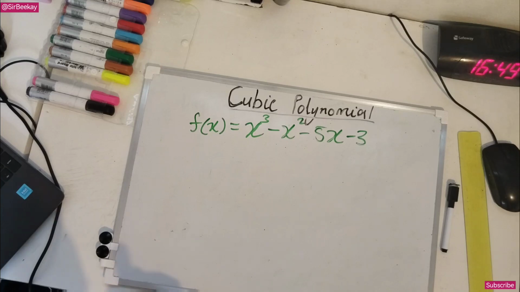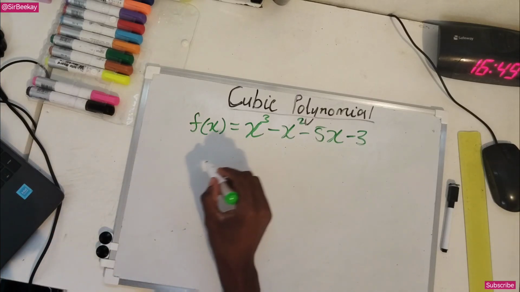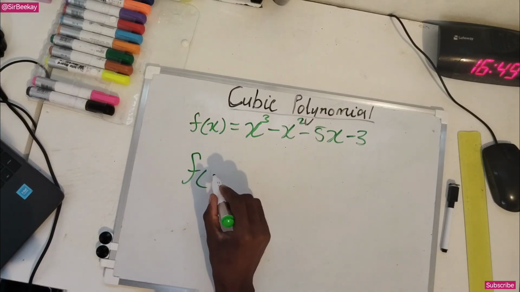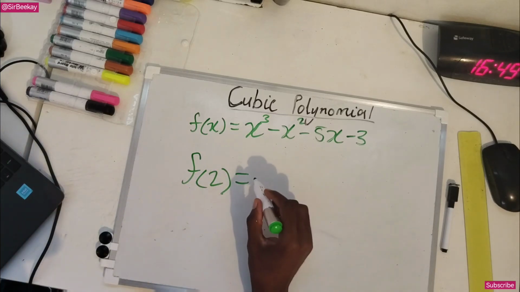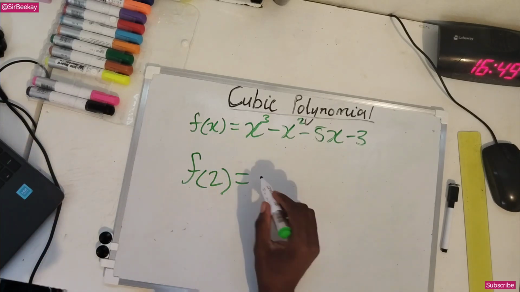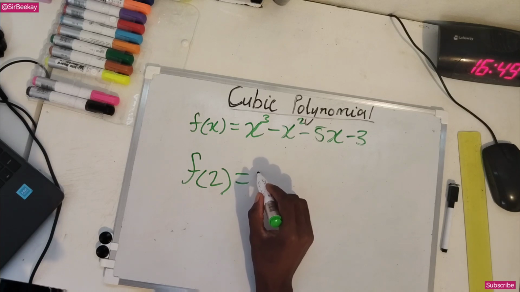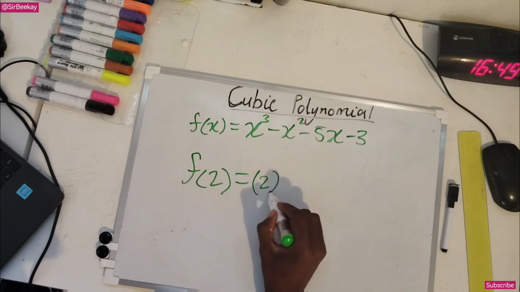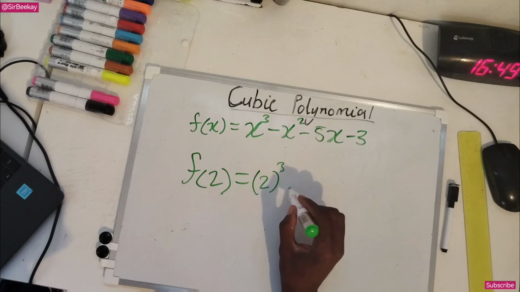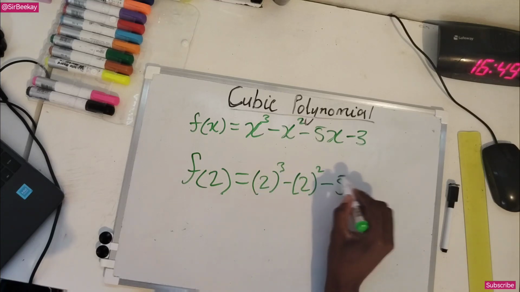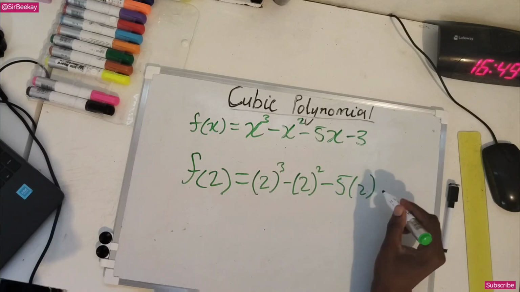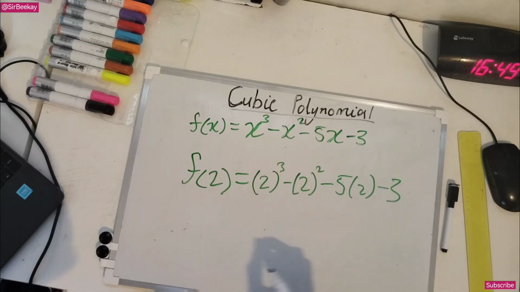Now, the factor theorem says if I put f of 2, or x being 2, then 2 cubed minus 2 squared minus 5 multiplied by 2 minus 3.